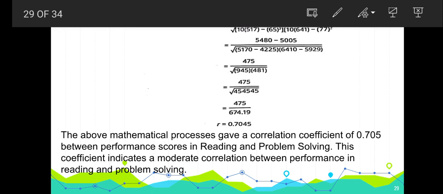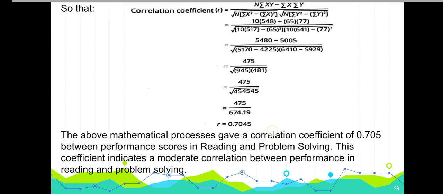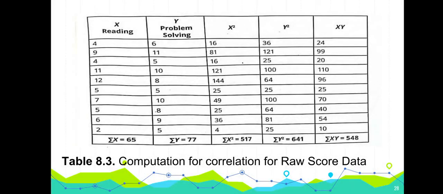The above mathematical process gave a correlation coefficient of 0.705 between the performance scores in reading and problem solving. This coefficient indicates a moderate correlation between performance in reading and problem solving.